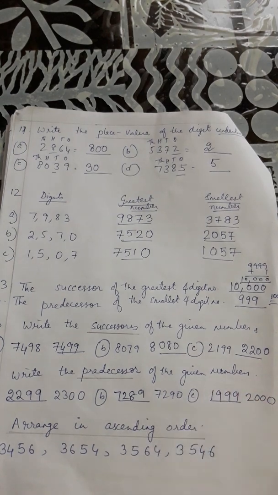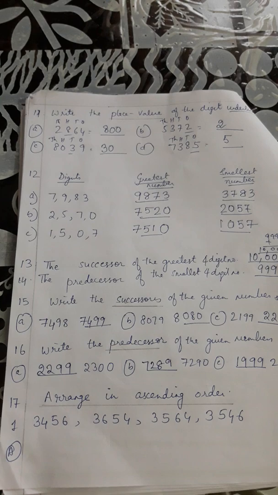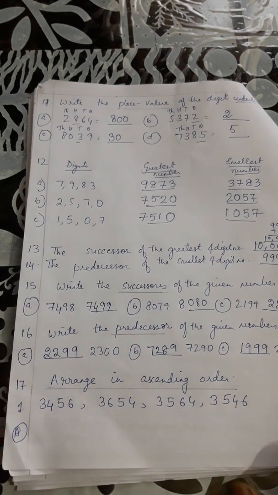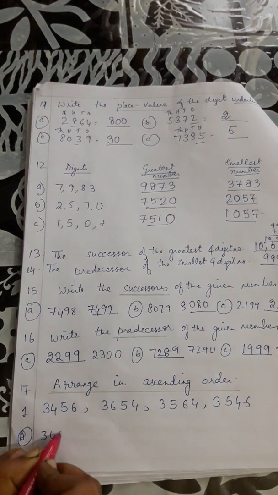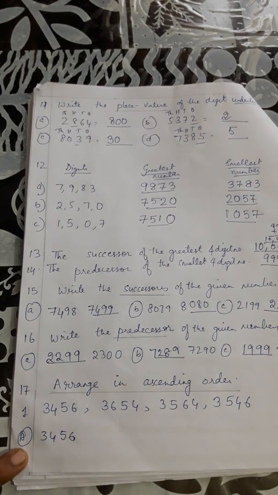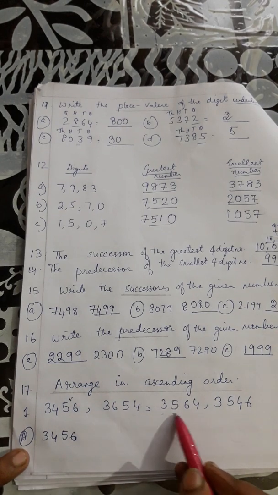Next, what will be the predecessor of 2000? 1999. Next, arrange in ascending order. Ascending order means from small to big. So the given numbers are there. In these given numbers, which is the smallest number? It is 3456. Now see, after this 3456, 3535.